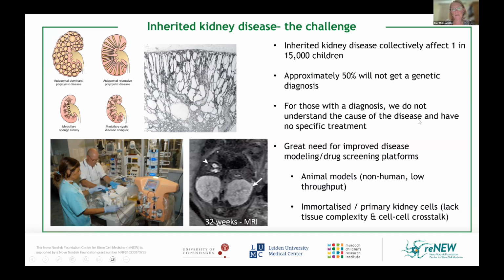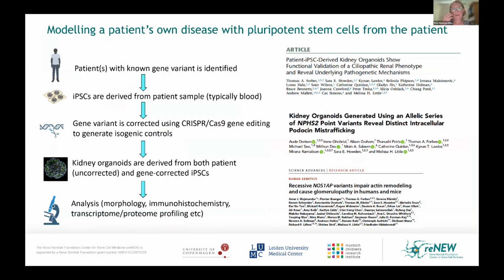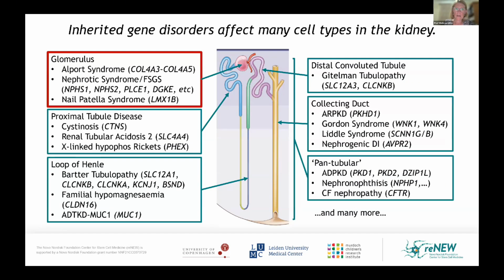Is a kidney organoid going to be useful here? Well, what's really important is that we can model the patient's own kidney. So as I said, because I work in a children's hospital, we typically take small blood samples. We can then use gene editing to make mutants or correct mutations, we make the organoids, and then we have a look and see what it can tell us about the disease. But of course, you can't model a disease unless you have the right cells there.